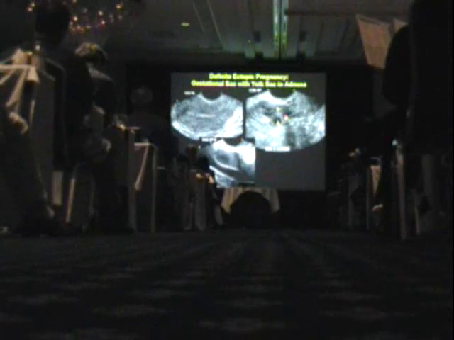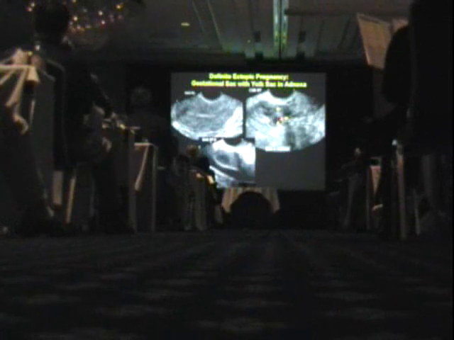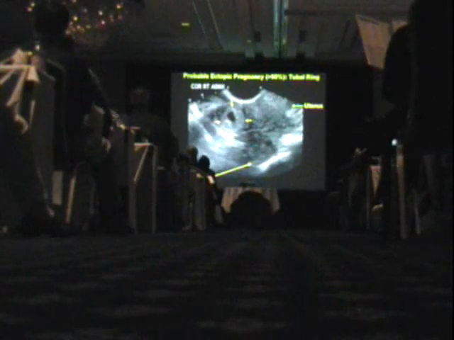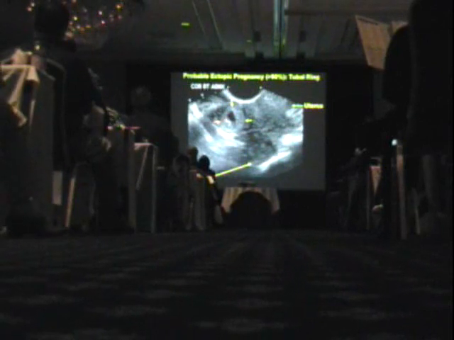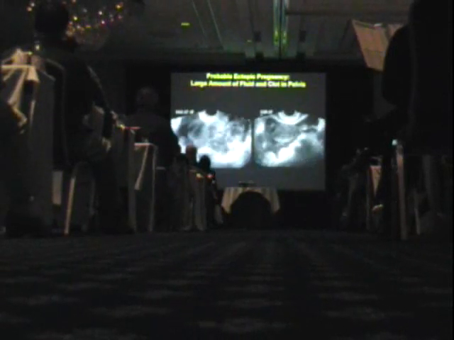How do I know it's a gestational sac? It has a fairly characteristic bright ring around it, sometimes termed a tubal ring, which would indicate an almost 100% chance of an ectopic, but what makes it 100% is that there's a yolk sac in there. This is a tubal ring with no yolk sac in it. Uterus, ovary, tubal ring, over 90% chance, about a 95% chance of an ectopic.